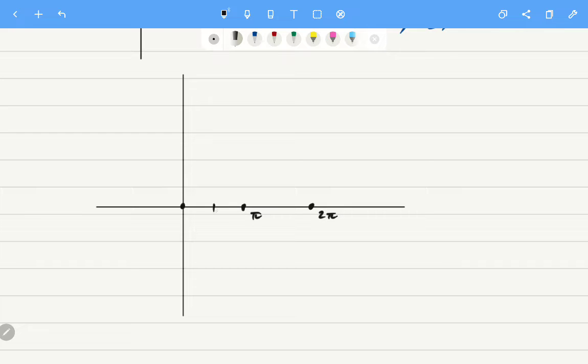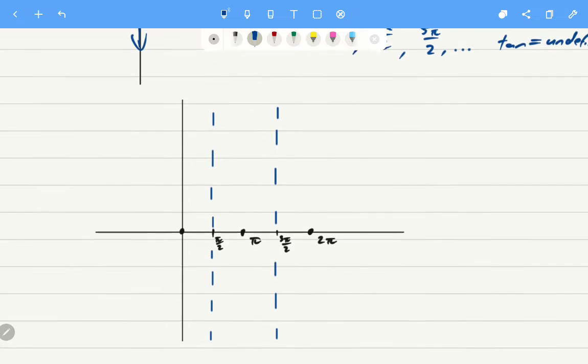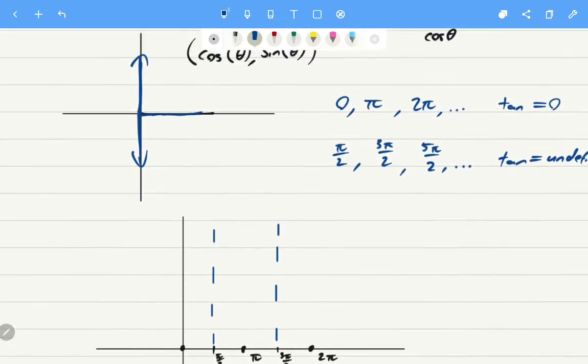And then halfway in between, at pi on 2 and 3 pi on 2, it has no value. It is undefined here, and it is undefined here. So then all we need to do is work out what happens in between each of the asymptotes. So let's look in between pi on 2 and 3 pi on 2 to work out what goes on.